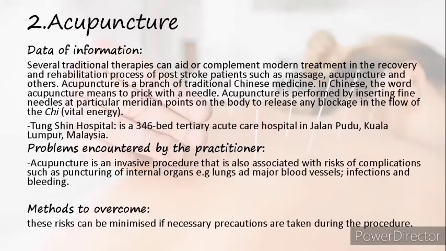Acupuncture is a branch of traditional Chinese medicine. In Chinese, the word acupuncture means to prick with a needle. Acupuncture is performed by inserting fine needles at particular meridian points of the body to release any blockage in the flow of the qi.